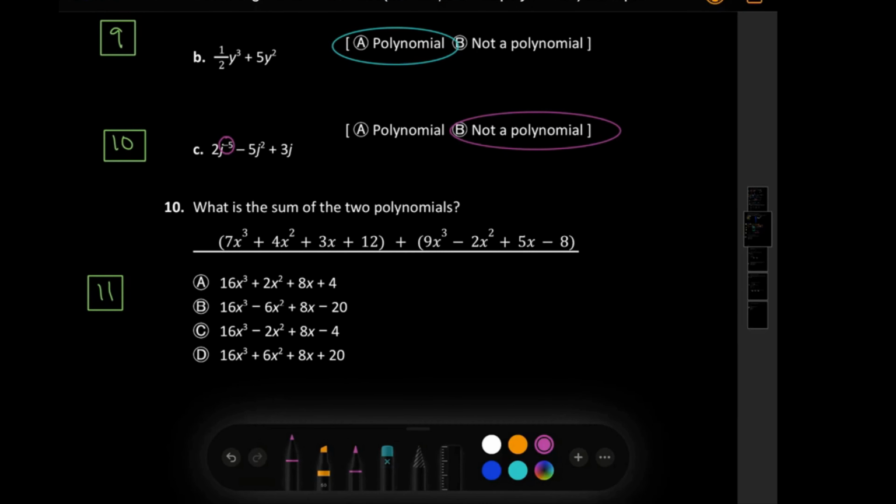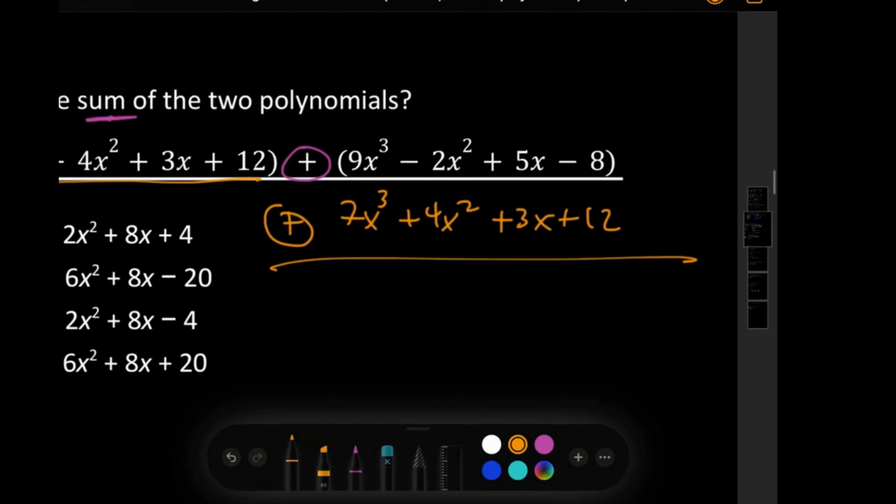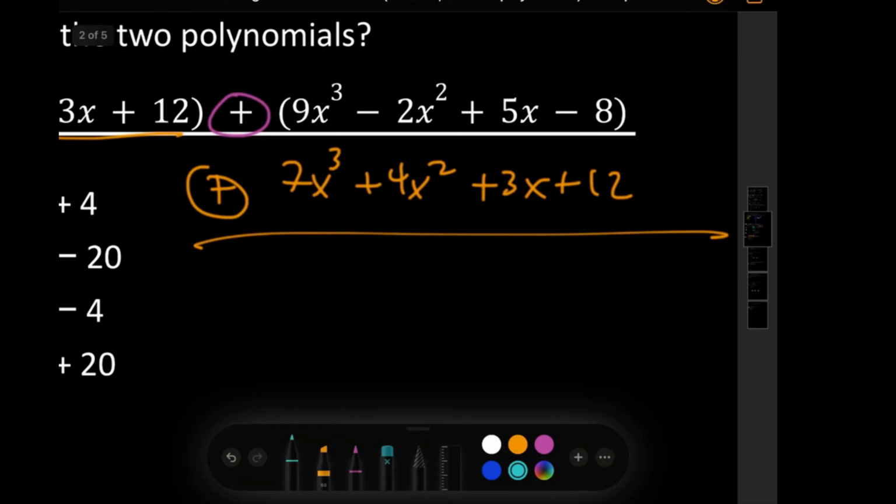Okay, number 11. What is the sum? So we already know sum is plus, and you can just move all this and line them up to be like terms, we call them. And I'm doing this vertically stacked, which I think is way better. Now all I have to do is add the numbers in front.